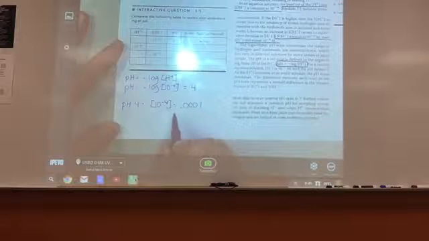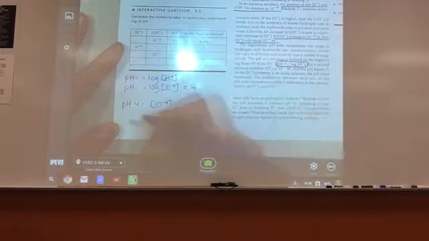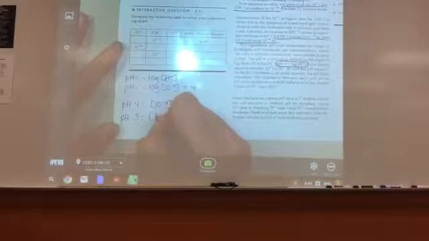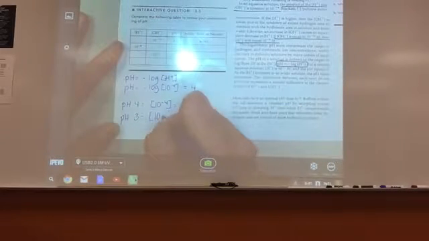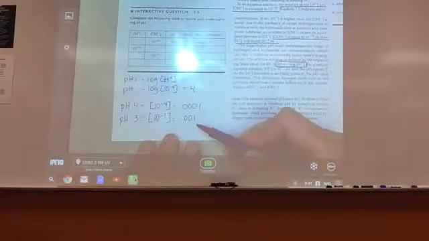You move the decimal place over 4 places. So that's what we're talking about there. If we relate that to a pH of 3, a pH of 3 has a hydrogen ion concentration of 10 to the negative 3. That is 0.001.